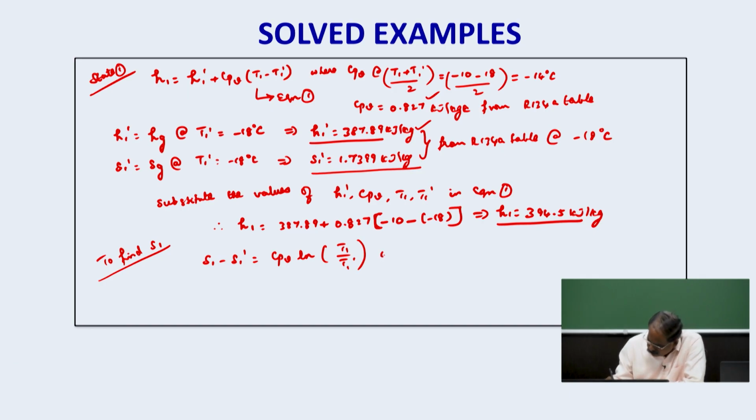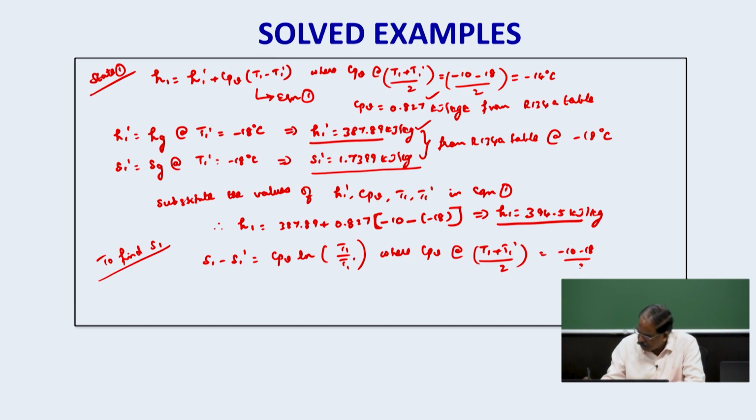Since we know T1 and T1 dash, Cp of vapor should be taken at the average of T1 and T1 dash, which we have already found: minus 10 minus 18 by 2, equal to minus 14 degrees centigrade.